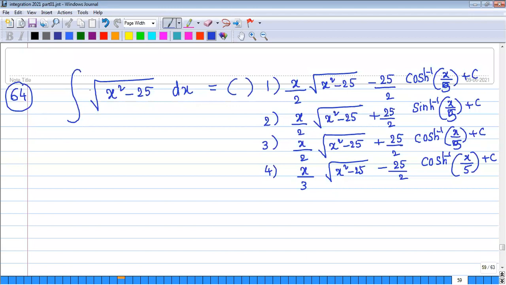Yes, good doubt, 5 should be there. So I'll give the formula. Now try to solve yourself.